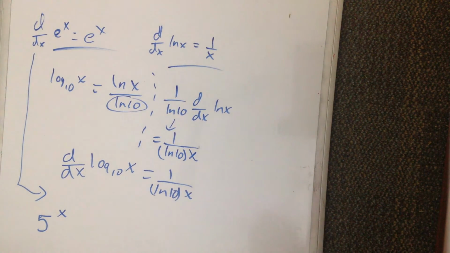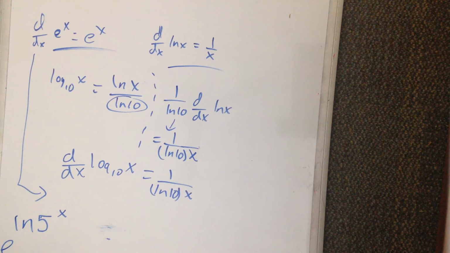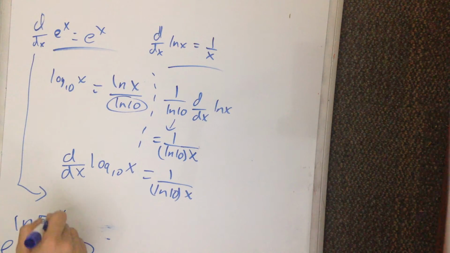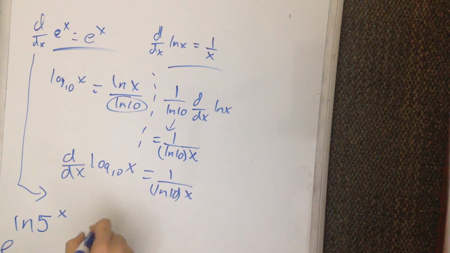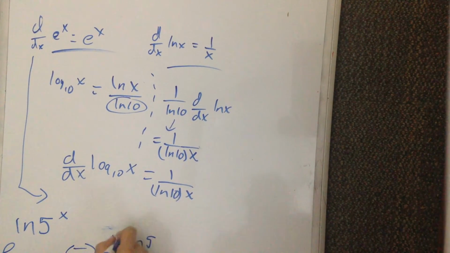What we know about e and log is that we can take e and log this at the same time, and they'll cancel. So these two cancel. And then this becomes, with log rules, you can pull exponents out. Then we can get e to the power of x times natural log of 5.